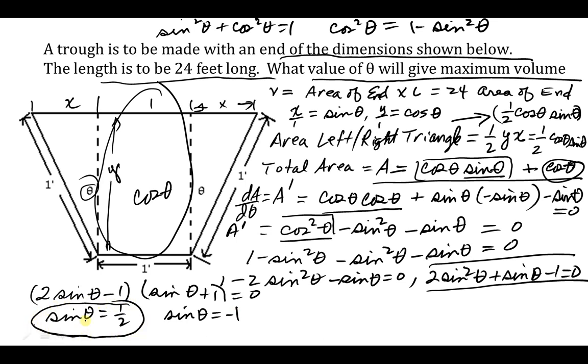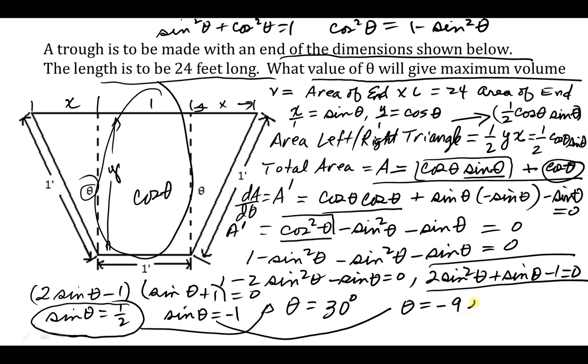So for sine of theta equals 1/2, looking at your unit circle, theta would be equal to 30 degrees. For sine of theta equal minus 1, theta would be equal to minus 90 degrees.